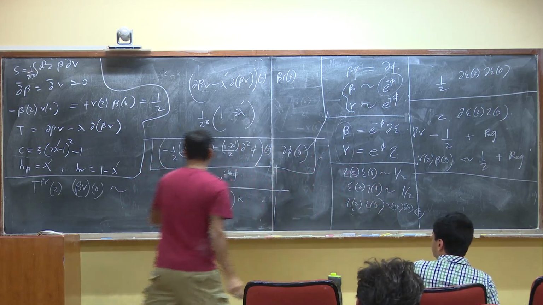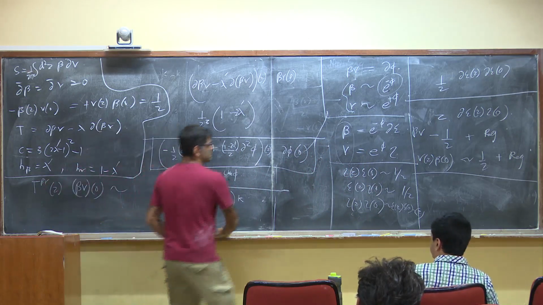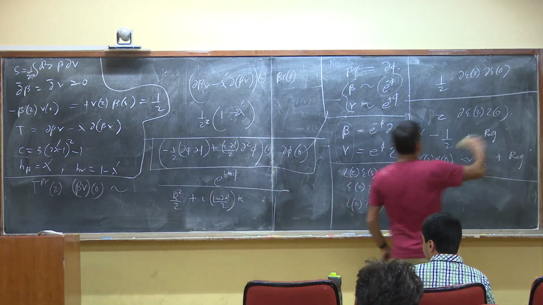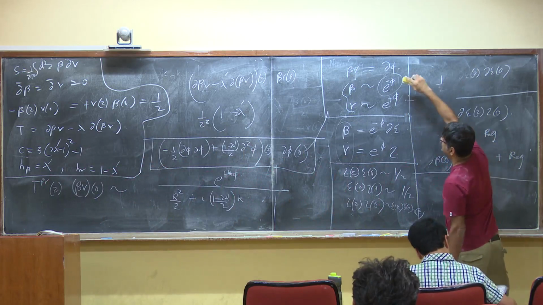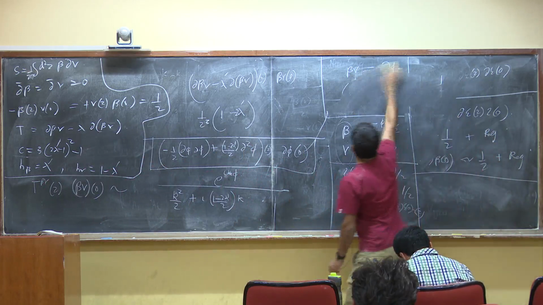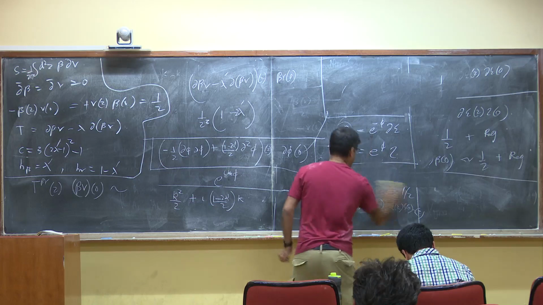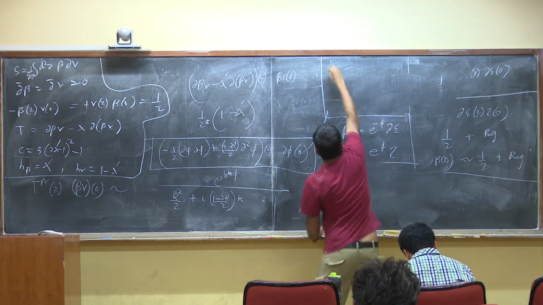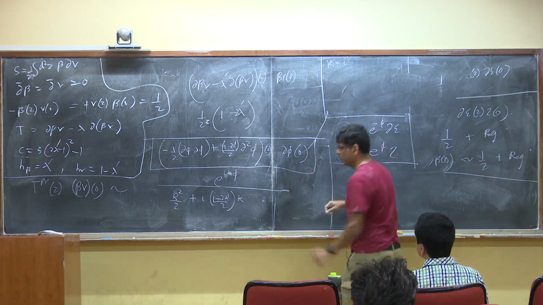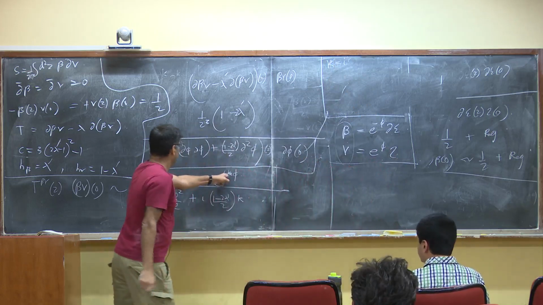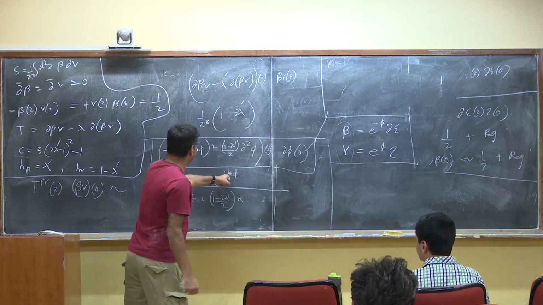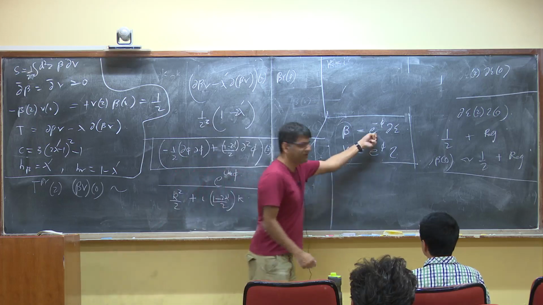Okay, first let's do k equal to i. So let's take two cases. Let's keep this final answer on the board. So k equal to i will give us minus phi, so that's what's relevant for beta.